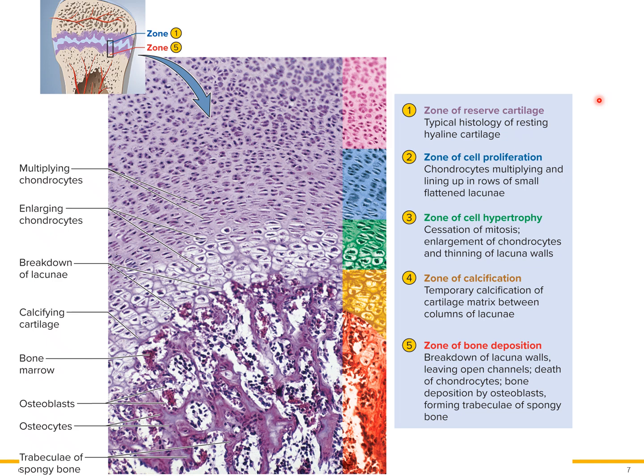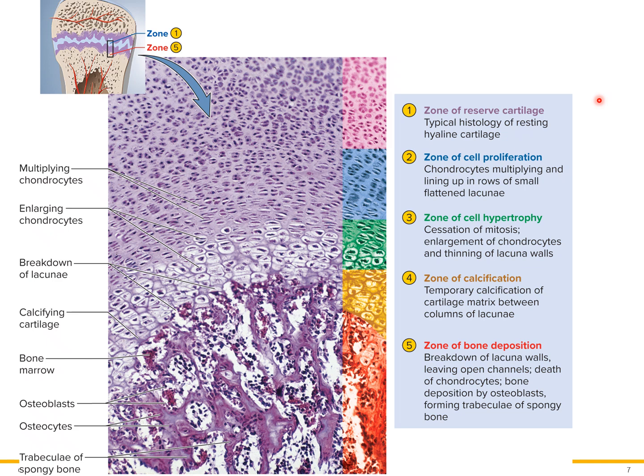So this is going to start to convert each column into a longitudinal channel. So it's the clear space in this image that you see. It is immediately invaded by blood vessels and marrow from the marrow cavity.